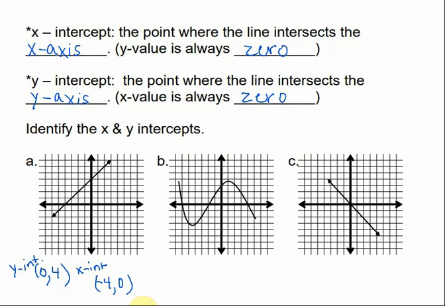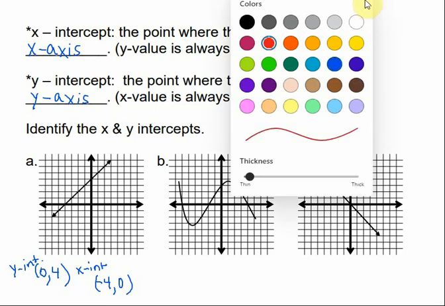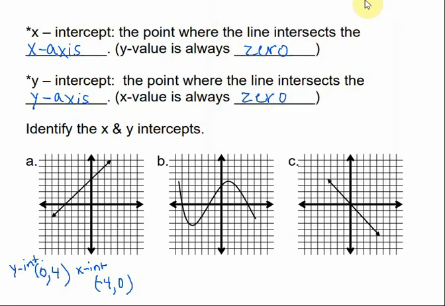All right, for B, I'm going to change colors so we don't get confused as to what goes with what. So for B, if I'm looking at the x-intercepts, there are actually 3 x-intercepts, 1, 2, 3 of them.